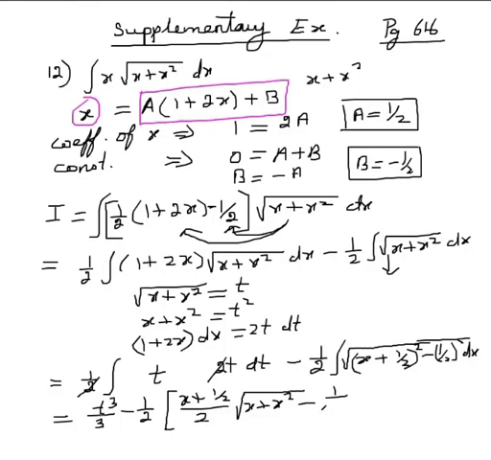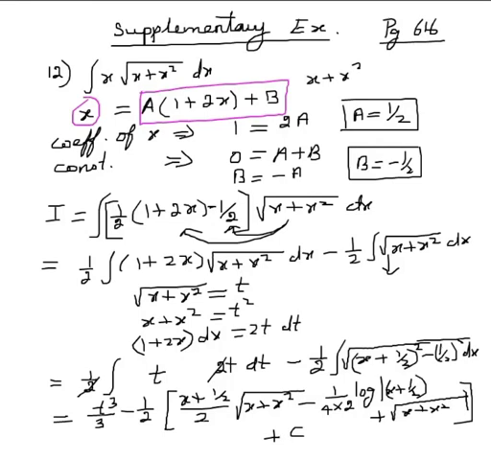A square is 1 by 4, by 2 log of absolute value of x plus half plus root of the same expression, and plus c.